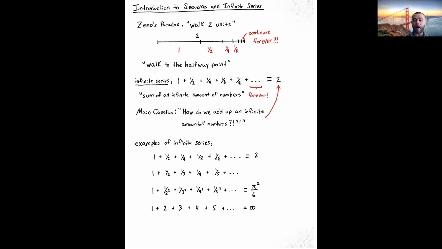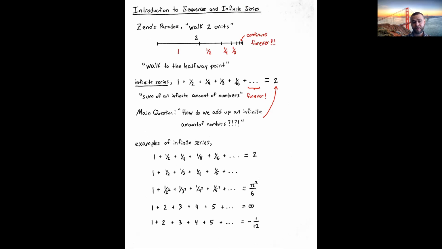Now, that is one possible answer. What we're going to learn later in the calc sequence, some of you may or may not get to that, but there's an alternate answer. 1 plus 2 plus 3 plus 4 plus 5 forever does mathematically also equal -1/12.